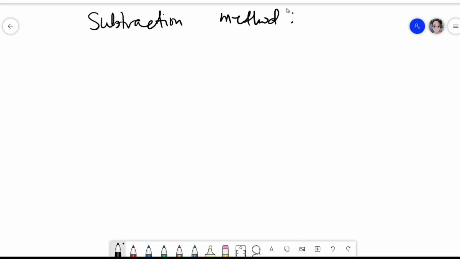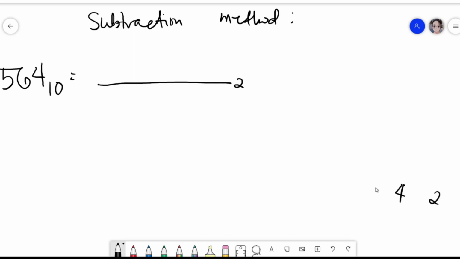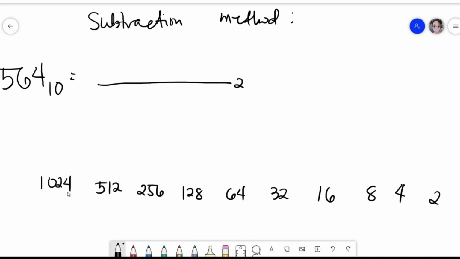Okay, let's say for example, you have a value of 564. So 564 base of 10, base of 2. Okay, so how are you going to convert this? So let's have 1, 2, 4, 8, 16, 32, 64, 128, 256, and 512, then 1024.